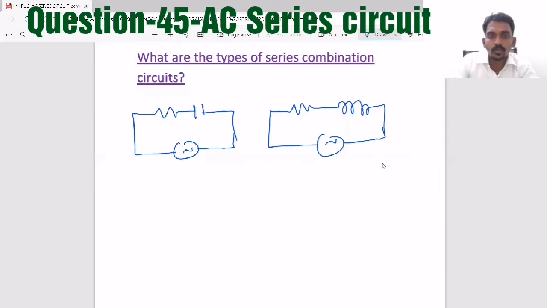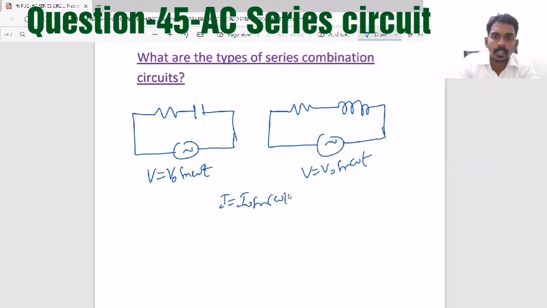When we apply an alternating EMF, let's take V equal to V naught sine omega t, there must be an alternating current I equal to I naught sine omega t plus or minus phi.